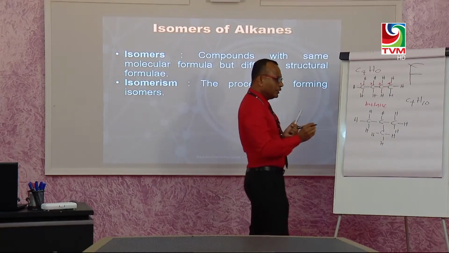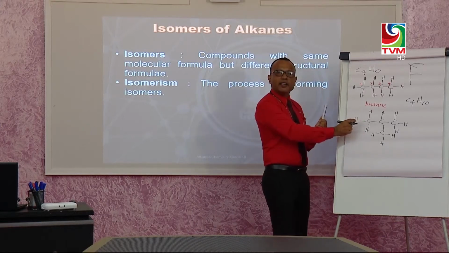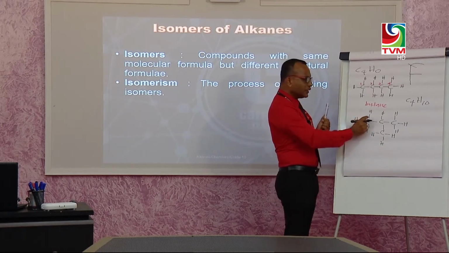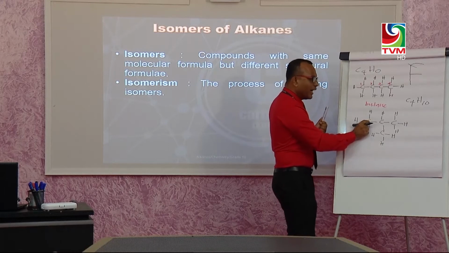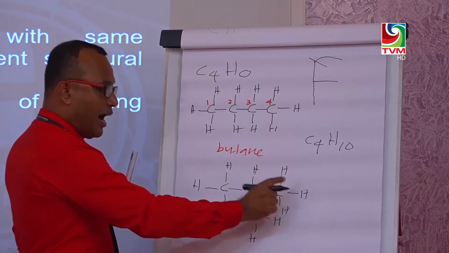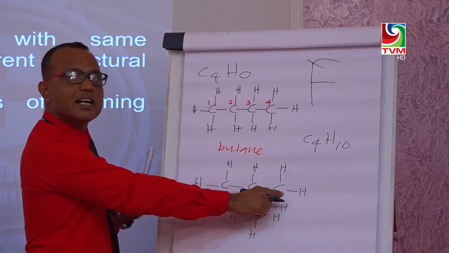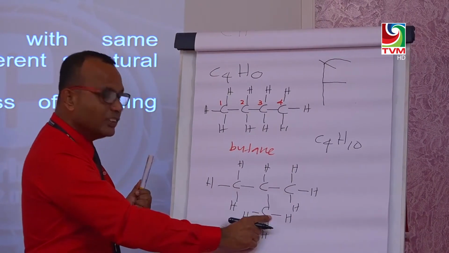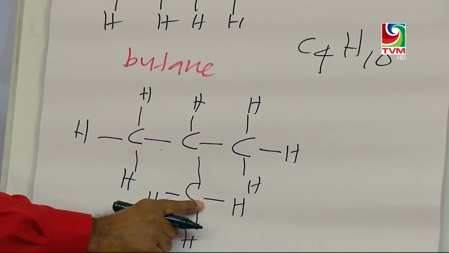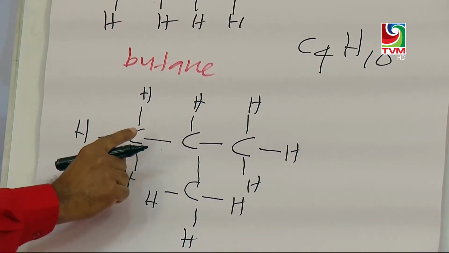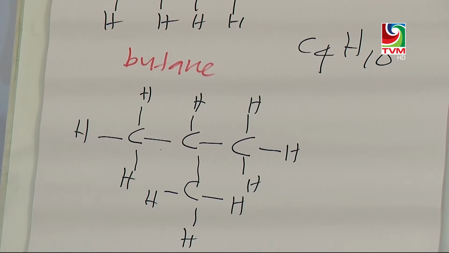How do we get the name? First, identify the longest continuous carbon chain. I can start from this end, a terminal carbon, or from this end, or from this end, all terminal carbons. Assume I start from this carbon on my left hand side.